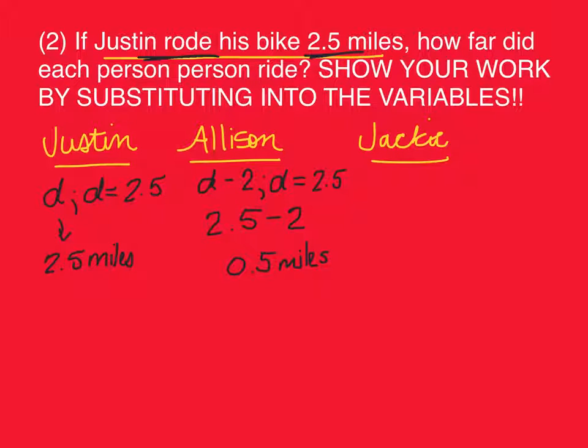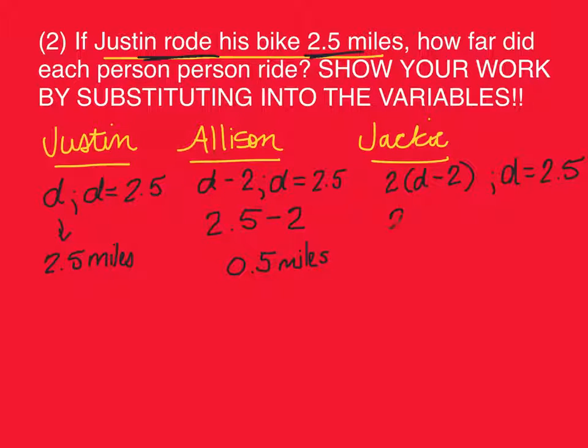And then the last person we have here is Jackie. The expression that we wrote for the distance Jackie rode her bike was 2 times the quantity, that means put it in parentheses because it comes first, of d minus 2. That's the expression. We're going to separate that from the value that's been assigned to d, which is 2.5.